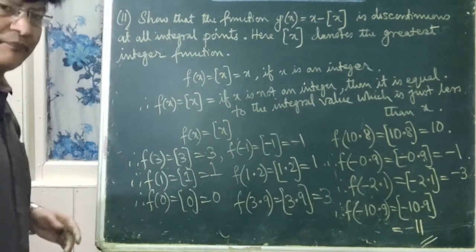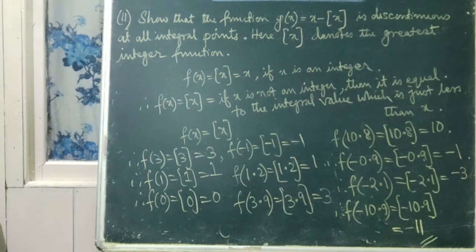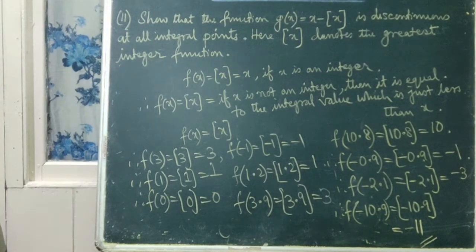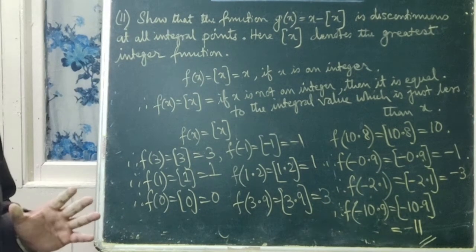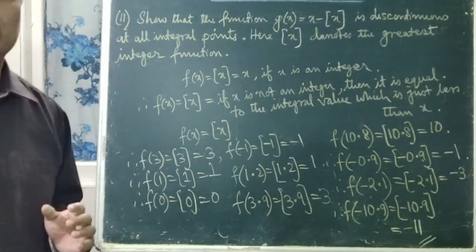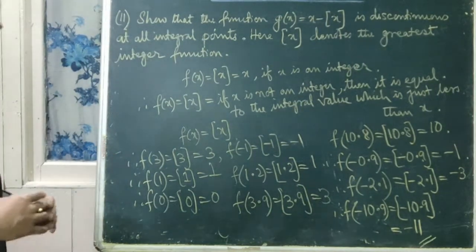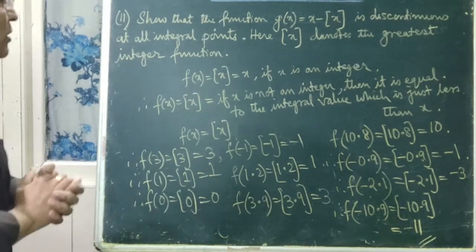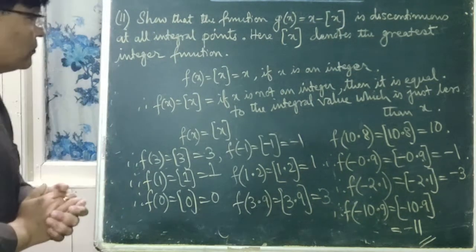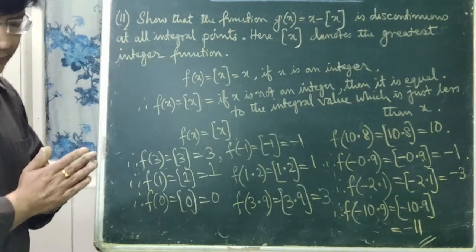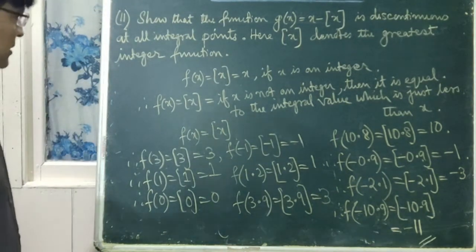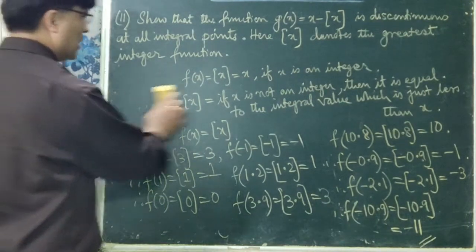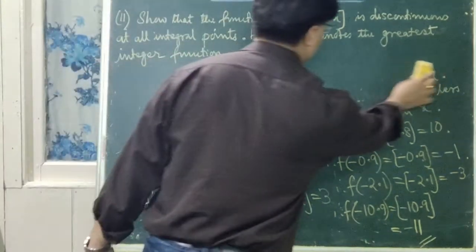So you can copy it again. You can pause the video and copy all these things. These are all the examples of greatest integer function. So I think you have understood what is a greatest integer function. Copy it. Now we'll do the solution for this question.